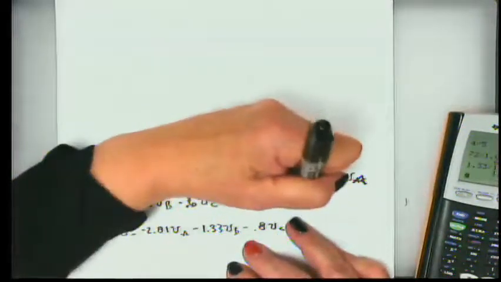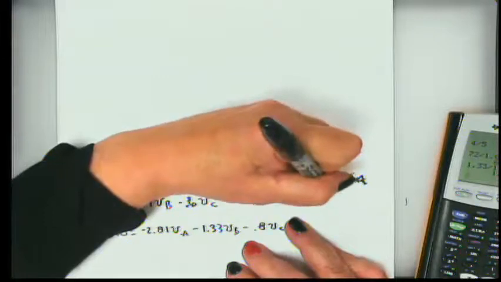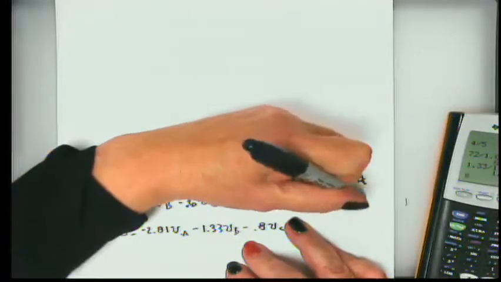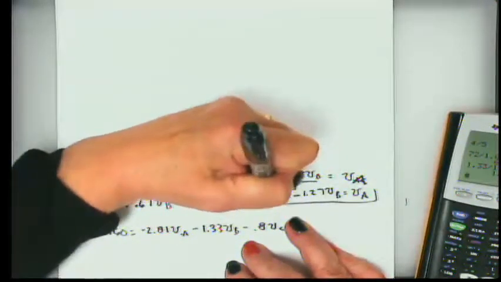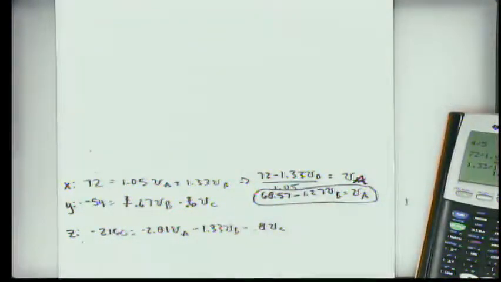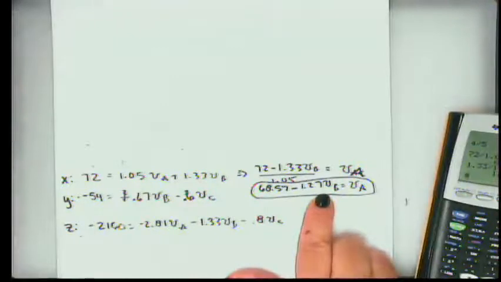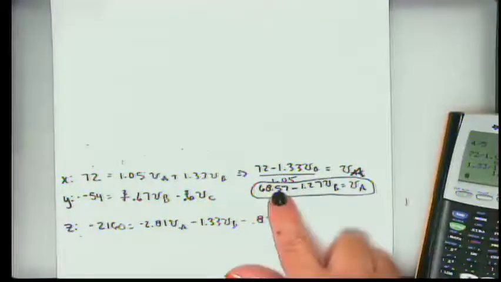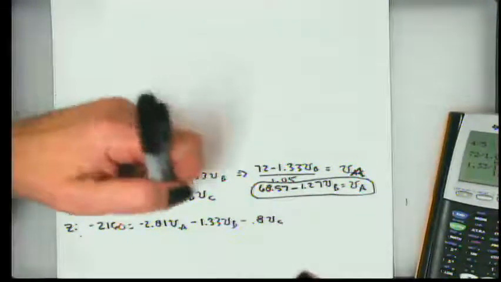That number is 1.27 v sub b equals v sub a. And this is what I'll use for my substitution. And I'll also backfill it when I get to that point. I don't have to go back to the beginning to then solve for v sub a. Once I have v sub b, I can plug it directly into that equation.